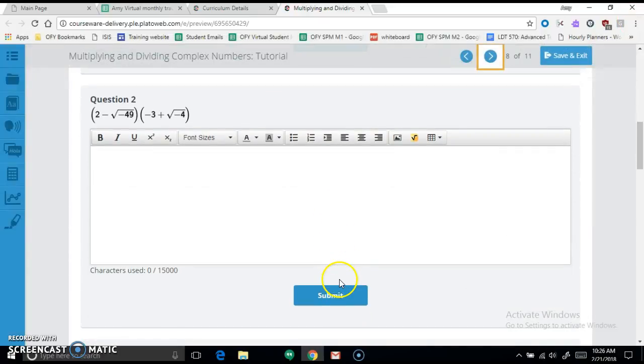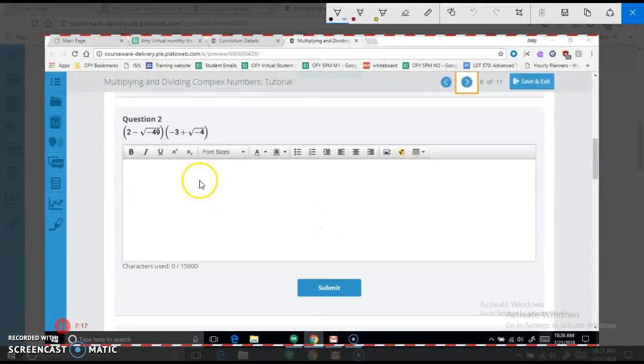Okay. Now this one here, they didn't really tell you to do this, but what we're going to do is change those negative radicals into something with i in them. So if we have the square root of negative 49, we know we can take the i out so that now it's just the square root of 49. Taking the negative out brings an i out in front, but we also, in this case, know that the square root of 49 is 7.